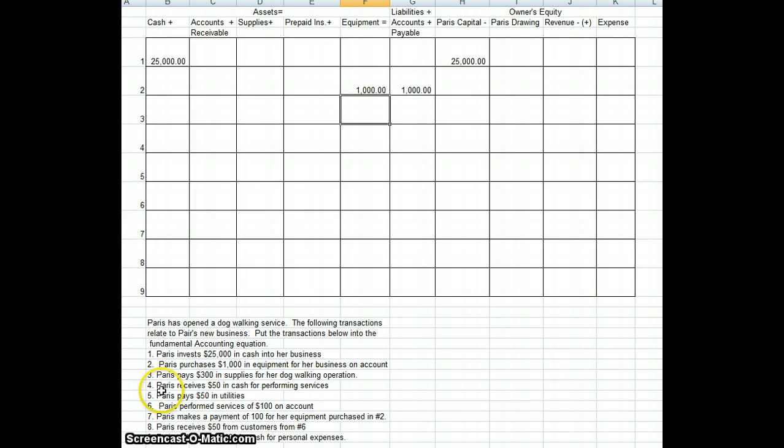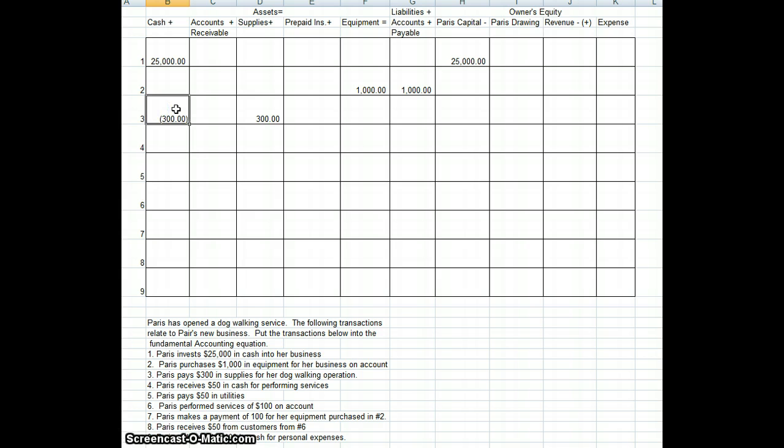Here we go. All right, so number 3, Paris pays $300 for supplies for her dog walking operation. So she's going to be getting supplies, $300 worth, and she's going to pay for them right now. So she'll be paying for them in cash. So my cash will be decreasing as she's paying for these supplies, which should be similar to what happens to your own wallet when you purchase supplies.